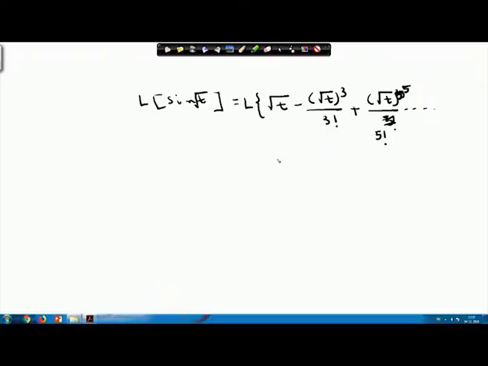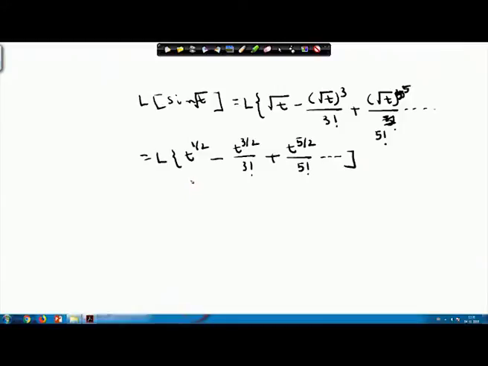So, this is basically nothing but the Laplace transform of t to the power half minus t to the power 3 by 2 by factorial 3 plus t to the power 5 by 2 by factorial 5, and like this we can proceed.